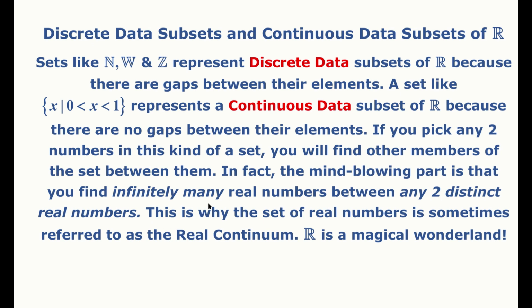Now, those are pretty close, right? If you look at a graph. But guess what? You can fit infinitely many real numbers within that gap. The set of real numbers in that sense is sometimes referred to as the real continuum, okay? Because of that notion of continuity of numbers. It's truly a magical wonderland, and we'll delve into it a little bit here.